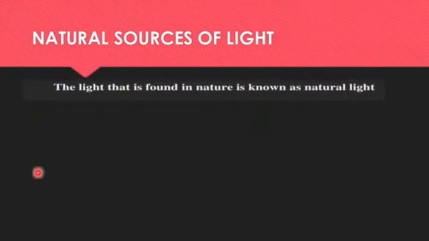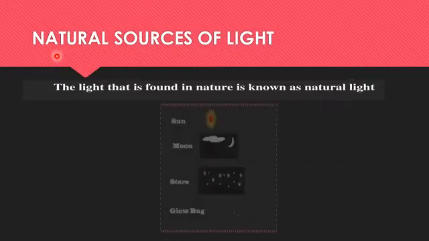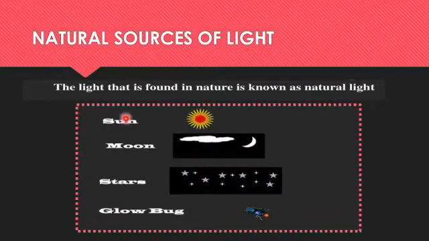So dear students, we can categorize sources of light into two main categories, like natural sources of light. Nature has given us some major sources which produce light and we are able to see. For example, number one is sunlight. With the help of sunlight we are able to see objects almost 12 hours a day.